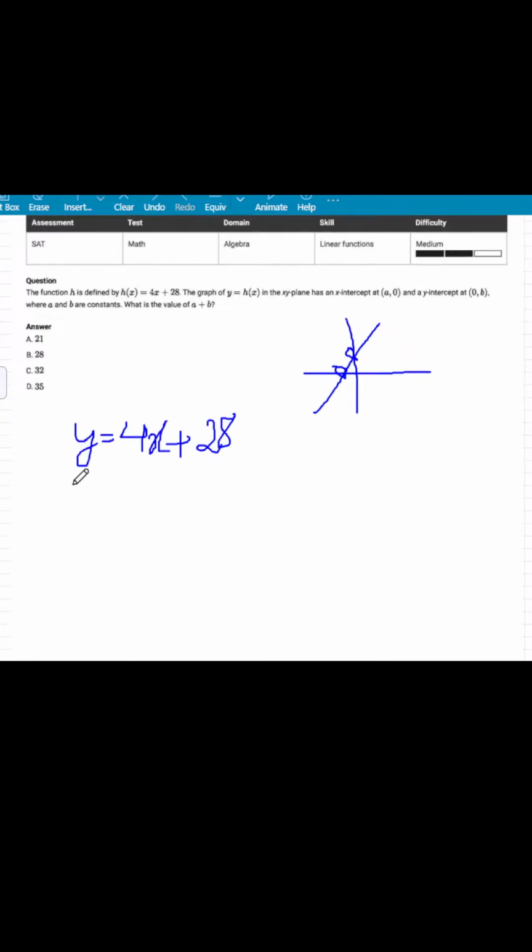For the first point, a comma 0, y is 0 and x is a, so 0 equals 4a plus 28. That means a is equal to minus 28 divided by 4, which is minus 7.